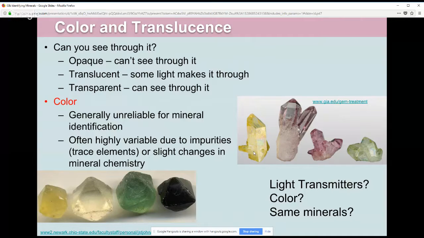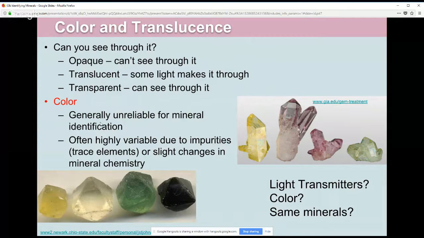Same goes for quartz. In fact, there's a whole slew of colloquial names for different color variations of quartz. However, the amount of translucence, how easily light passes through that mineral, can sometimes be indicative of the type of mineral that you're looking at.